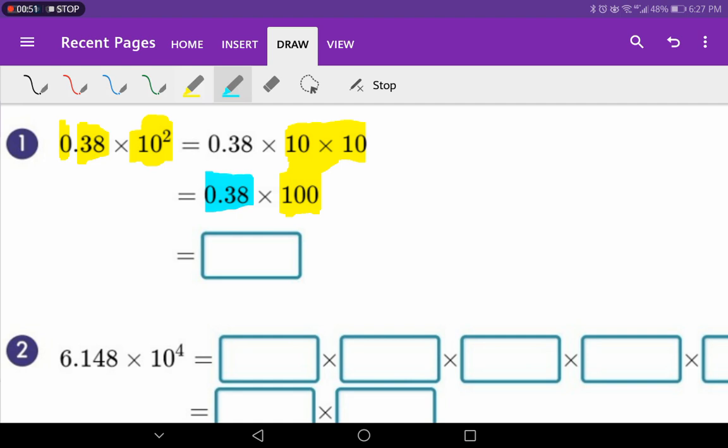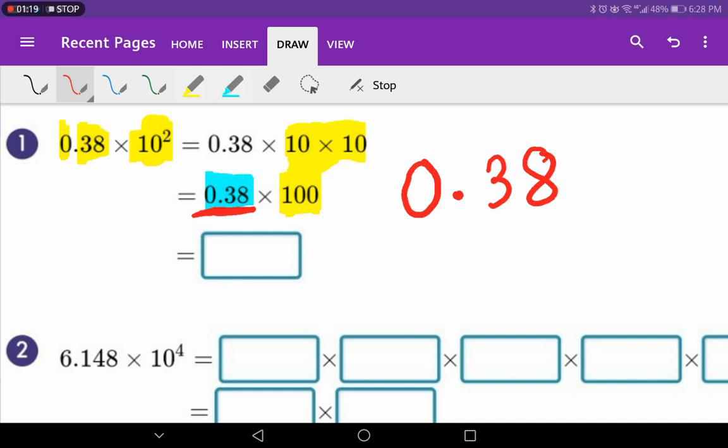Let us learn our strategy, my dear students. Multiplying by 100 means this number will be bigger 100 times. So 0.38 will be greater 100 times.